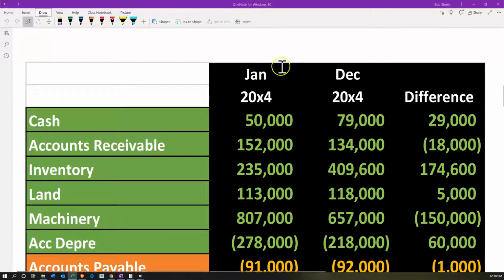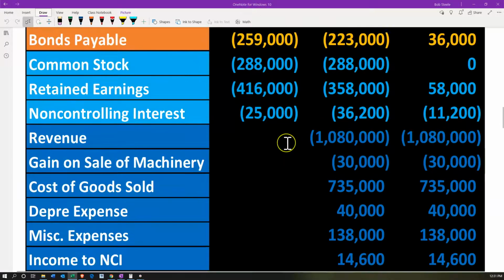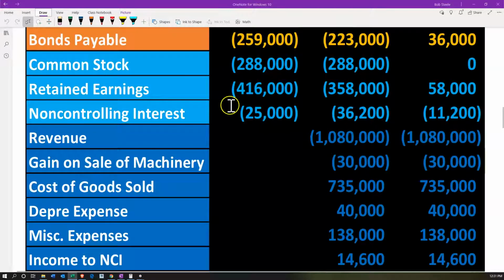We're looking at the post-closing trial balance, a trial balance after the temporary accounts have been closed out to the balance sheet accounts. So the prior year trial balance doesn't have anything below the equity section, no revenue and expenses, as those have been closed out to retained earnings and non-controlling interest.